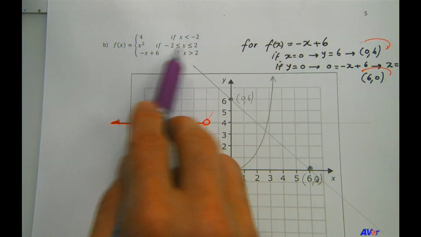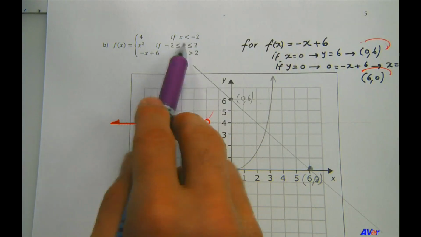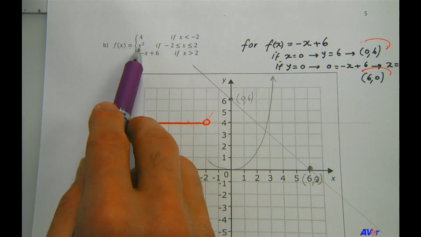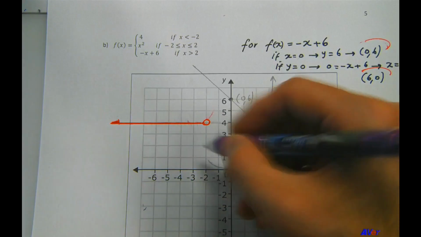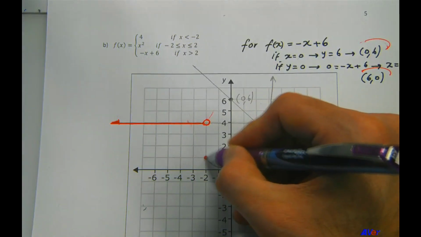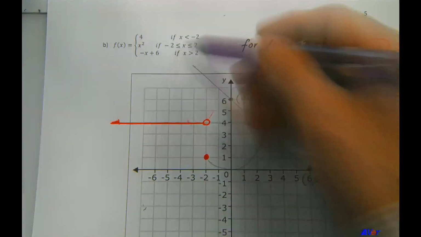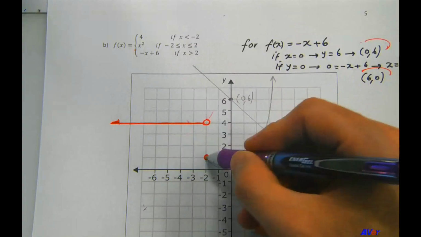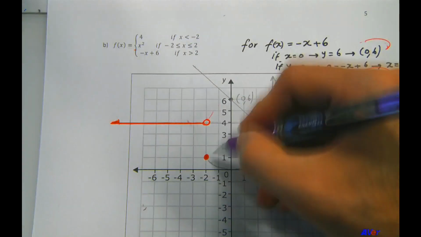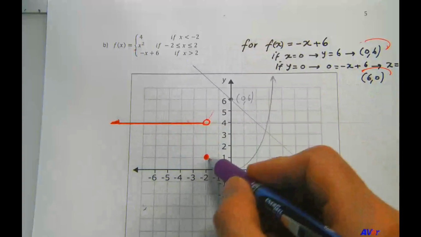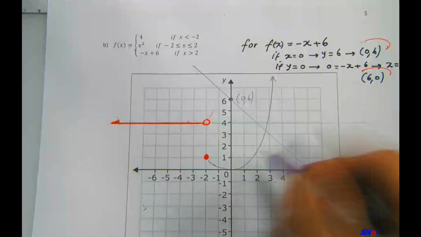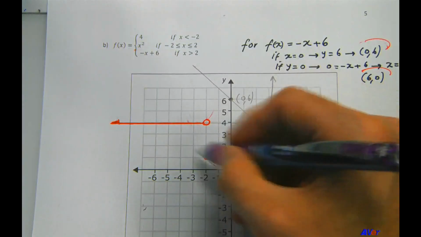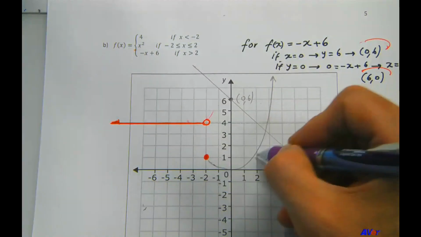Between x equals negative 2 and x equals 2, the function is the quadratic function. So I'm going to put a filled in circle here, because x at that point along this function can be equal to negative 2. So a filled in circle. Then I'm going to darken all the way to 2, which is right there.